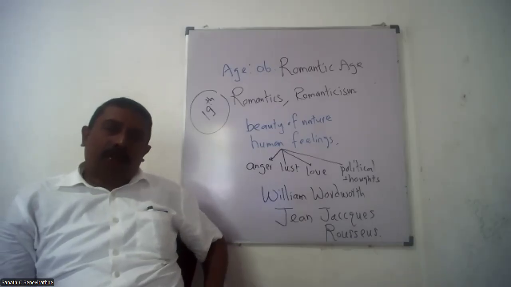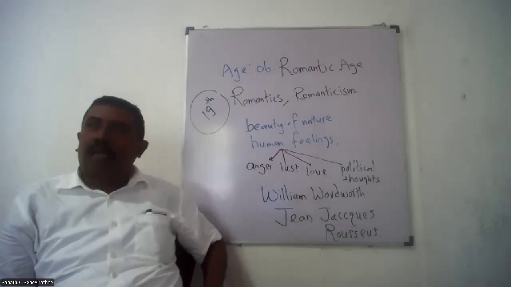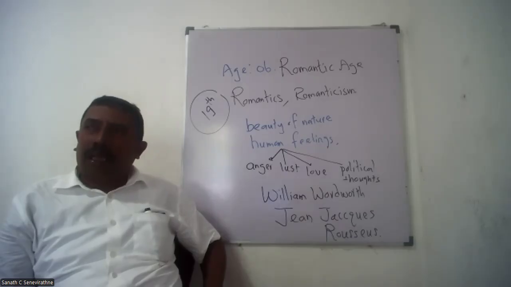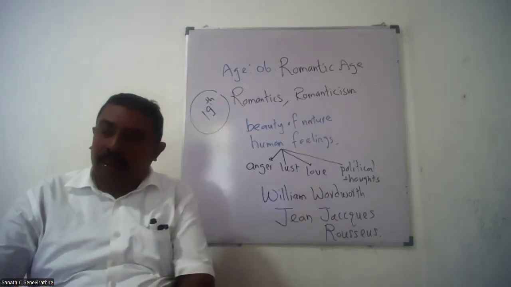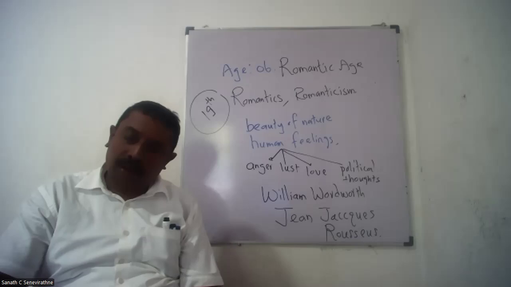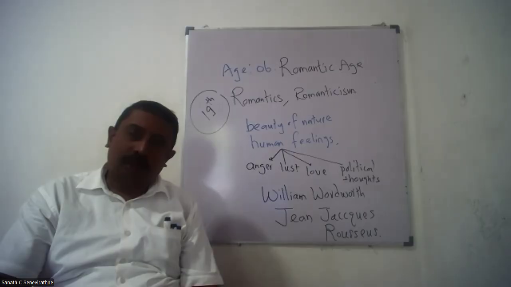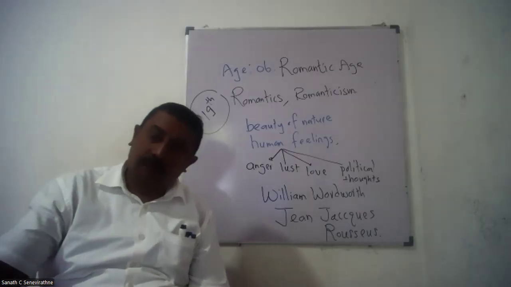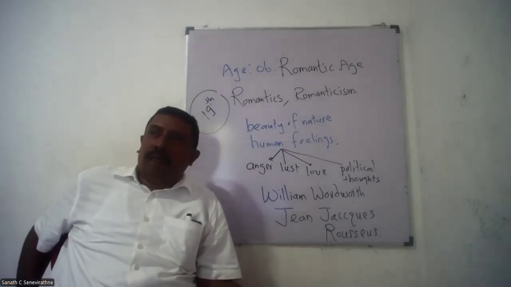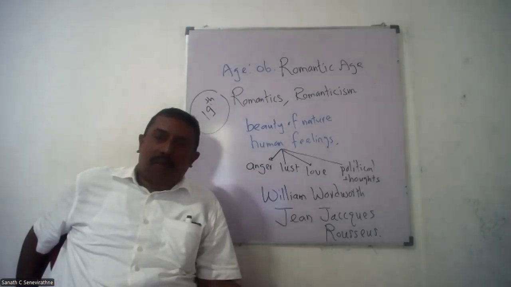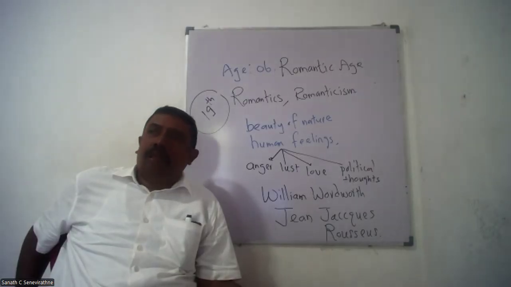The writers of this age are called romantics, and the style of writing is called romanticism.